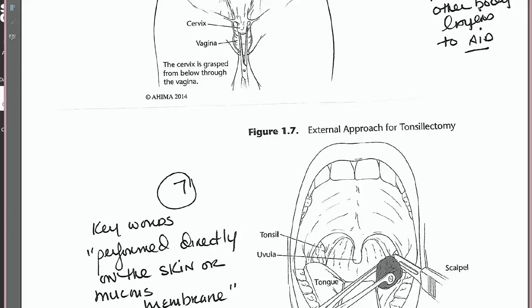So this illustration in your textbook is showing a patient having a tonsillectomy, where the physician is going to open the mouth, and typically they would put a block here to keep the mouth from closing, and they're going to use a scalpel to remove the tonsils and then pull it off with the forceps. They're not cutting into the skin, they're just cutting it off of, in this particular case, the mucous membrane, which is the tonsil.